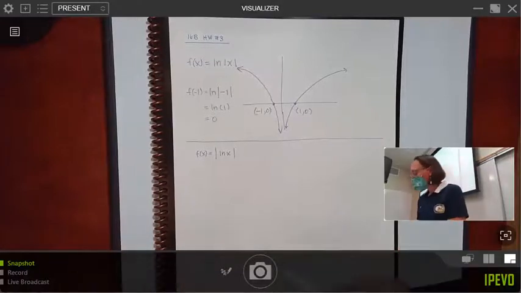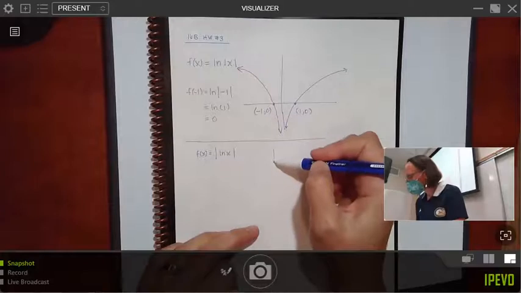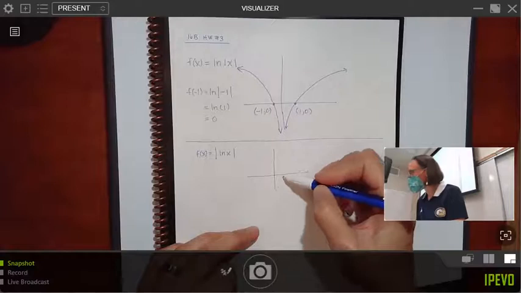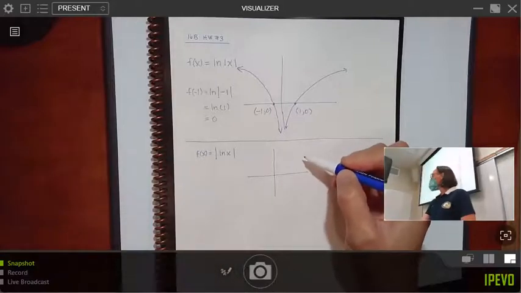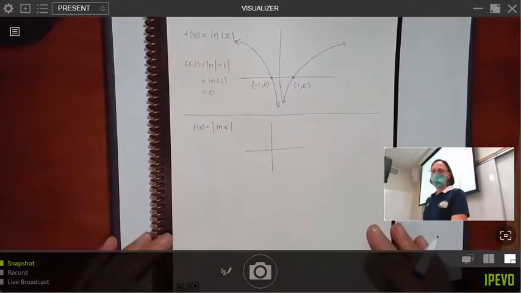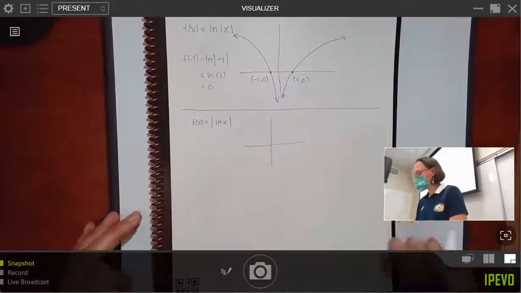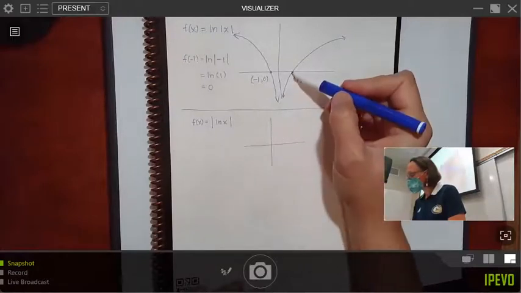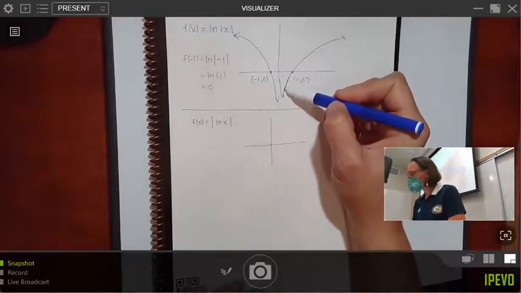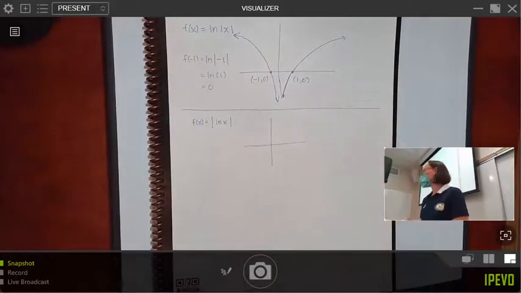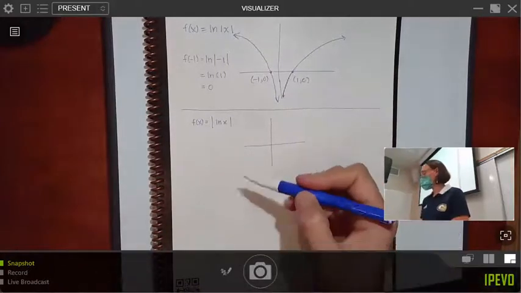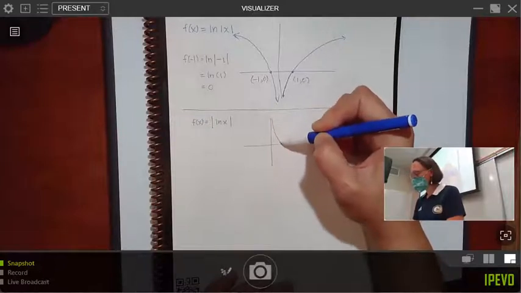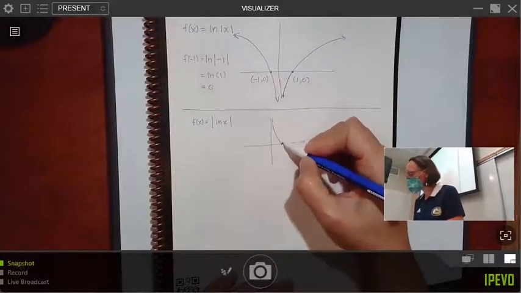What's going to happen graphically is that we would start with that natural log graph shape. But this portion down here, where the y values would be negative, gets flipped up and becomes positive because of that absolute value. So this one actually looks really weird and kind of does this.